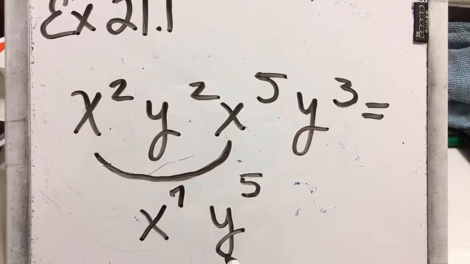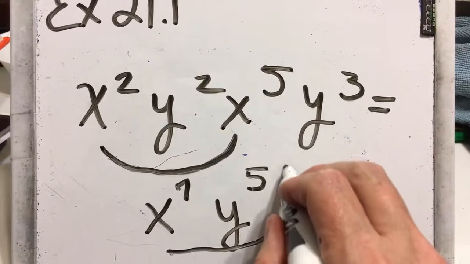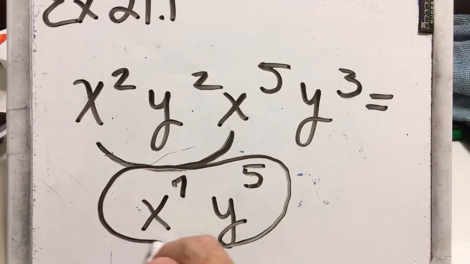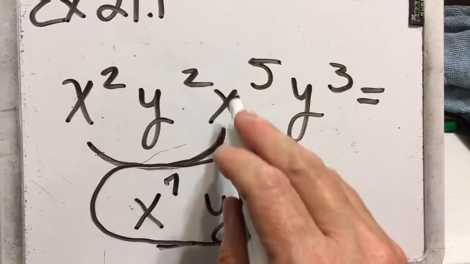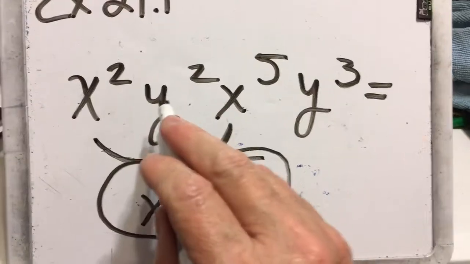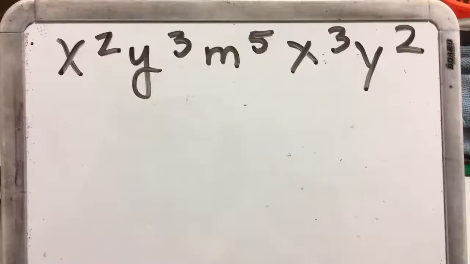And so the rule is I must multiply like bases together, but I can skip around just like that. So it doesn't matter that I jump over here and get my 2 x's and put them together, and jump over here and get my 2 y's and put them together.